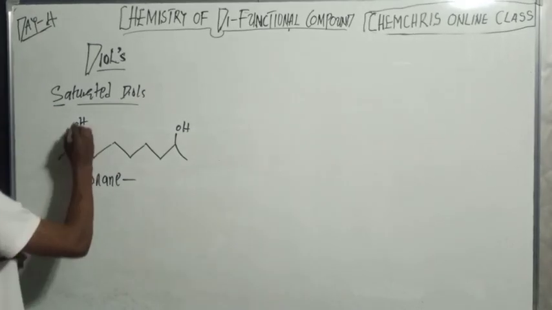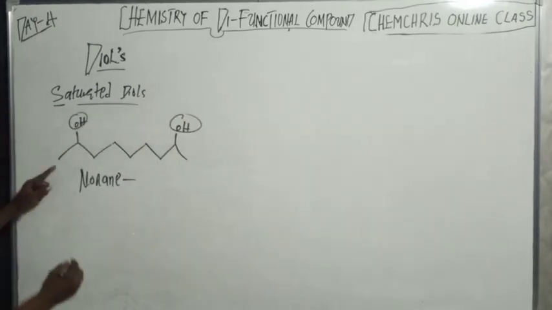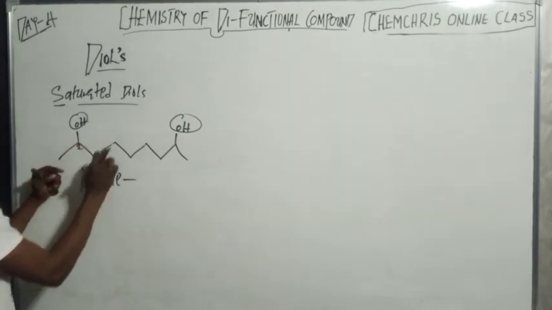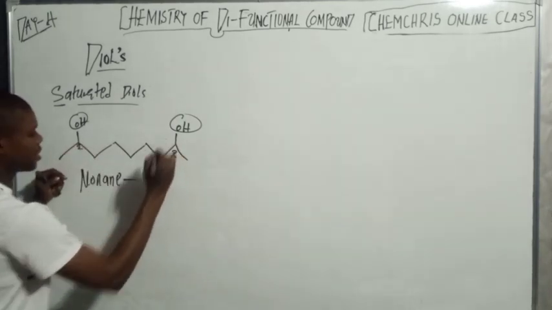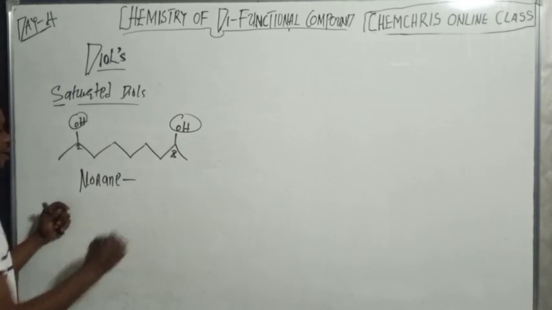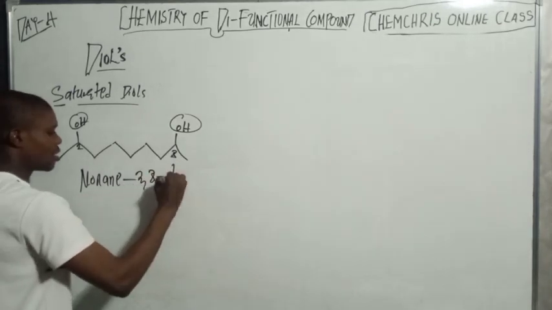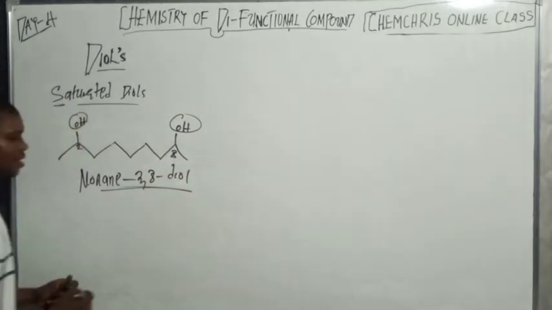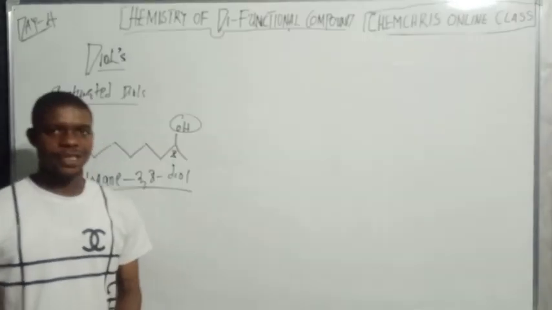What are the positions of these two OH groups? Counting, here we have 2 and 8, so it's nonane-2,8-diol. That is the name of this one.